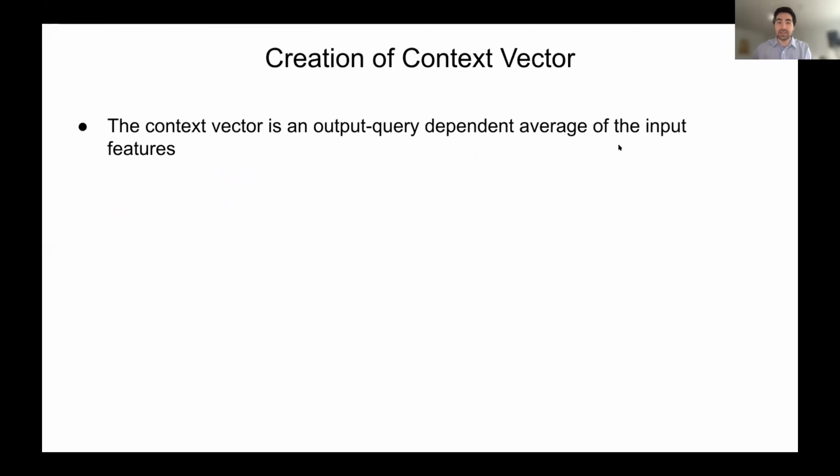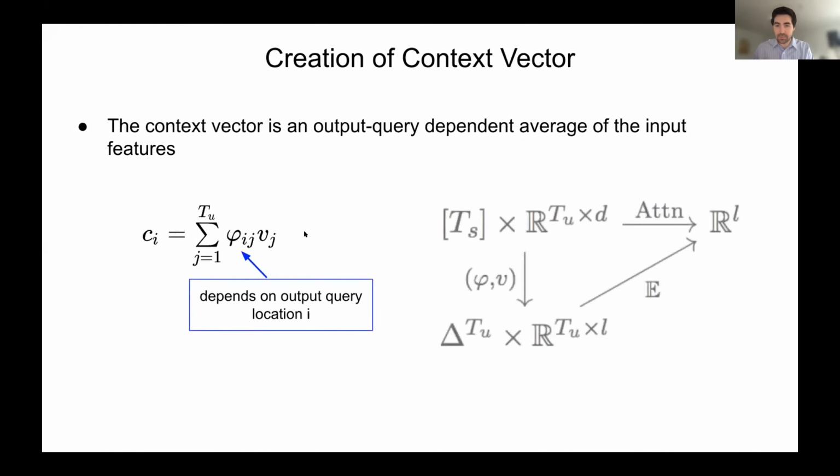So to reiterate, this happens depending where you are in the output. It's formed as a very simple average over a discrete set like this. And we also can represent it, if you prefer this form, in this kind of diagram. So what this means here is, think about this as the indices for the output sentence, which later will correspond to a domain for the output function. This is the space that the input sequence would live in. So we have T sub U elements of this sequence.